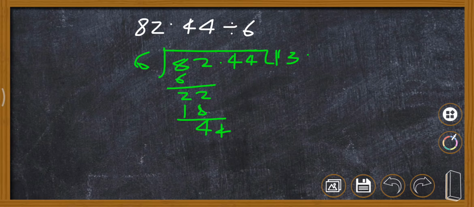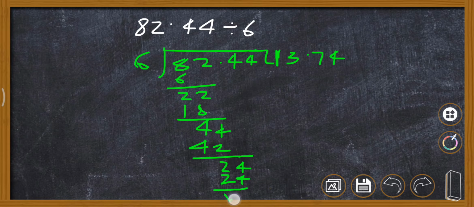Then 6 sevens are 42, so we will take 7. Here we will take 42. Now 2 is left and again 4. So 6 fours are it is 24. Now you can see it is reduced fully. So answer is 13.74. This is the correct answer for this.